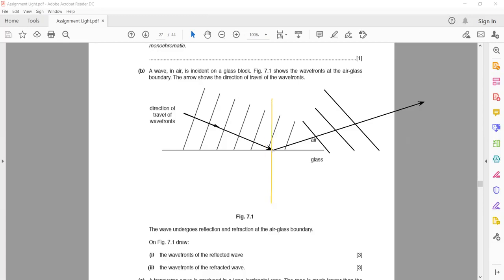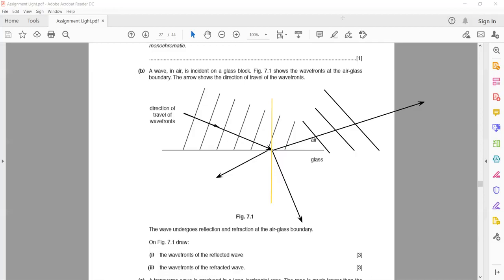So it will bend towards the normal. And how we show a refracted ray? When it travels from air to glass, it slows down. As the wave slows down, its wavelength decreases. So wavefronts will come closer to each other.